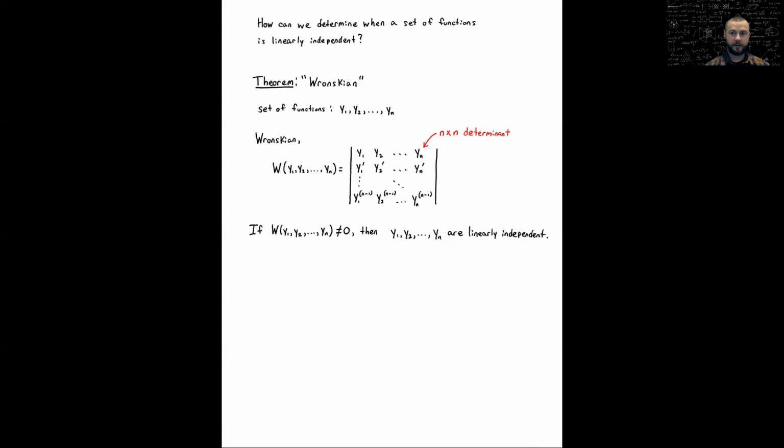All right, now there are a lot of complications with calculating determinants of large sizes, but forget about that if you know how to do that. But what this theorem says is if you calculate this determinant for these functions, which we call the Wronskian, if the Wronskian comes out to be non-zero, then those functions y1 through y sub n are linearly independent.